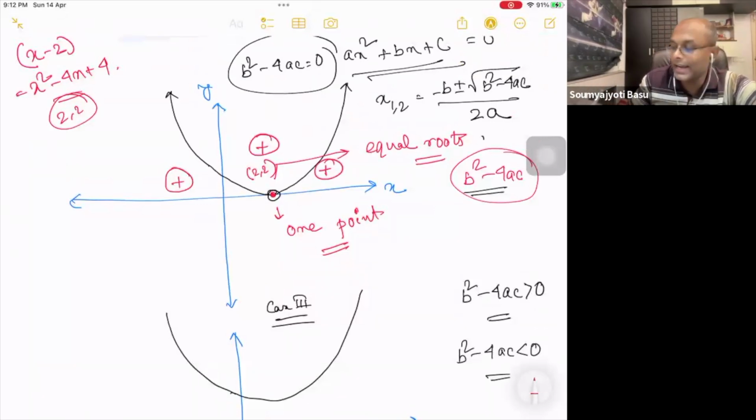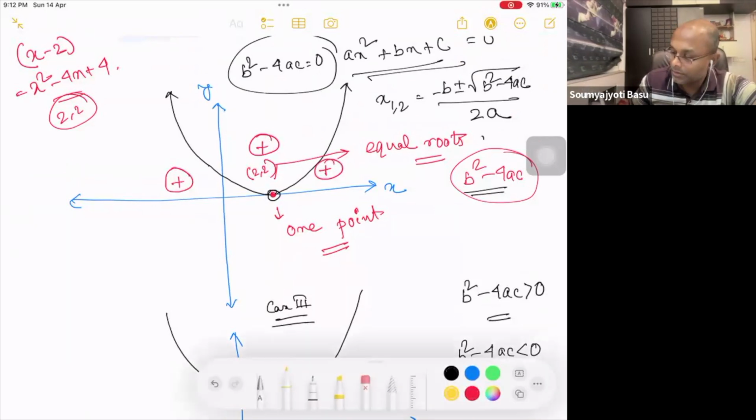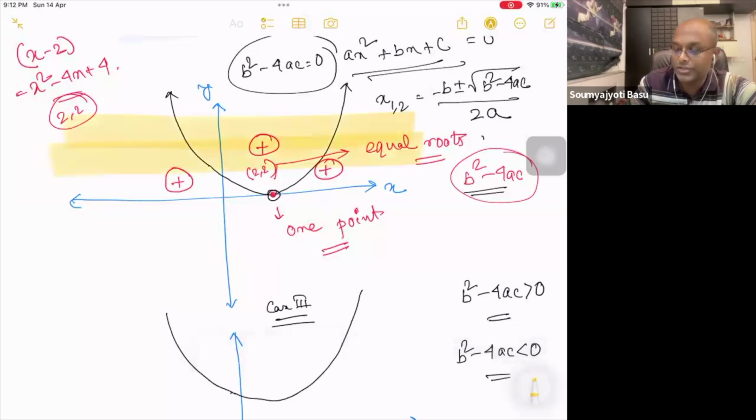On both sides, the value of the function is positive. There is no change in sign if you have two roots at the same point. This is very important. Again, remember this point.